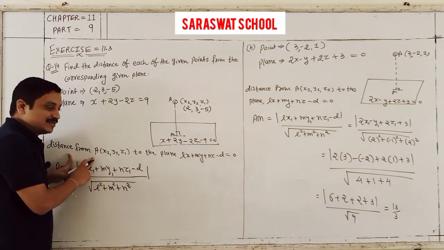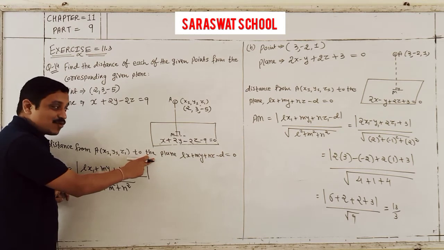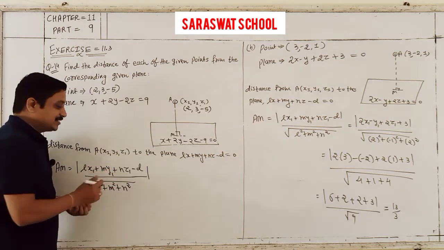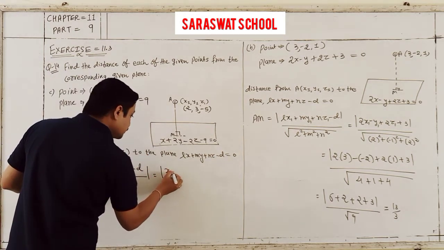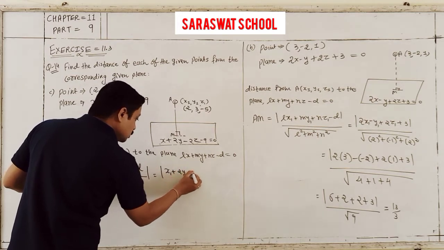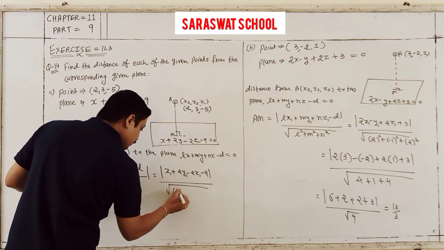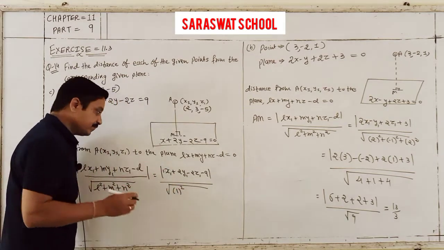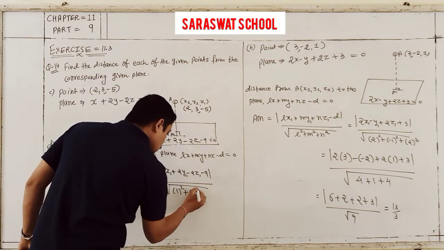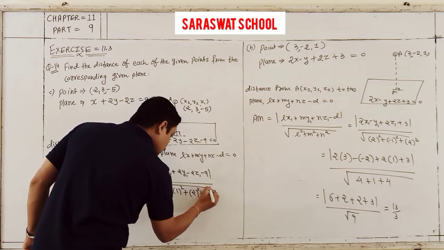The formula is the same: distance from x1, y1, z1 to the plane lx plus my plus nz minus d. So x1 plus 2y1 minus 2z1 minus 9 upon the square root of, here the coefficients are 1, 2, and minus 2.